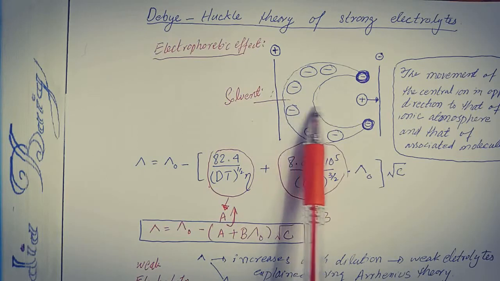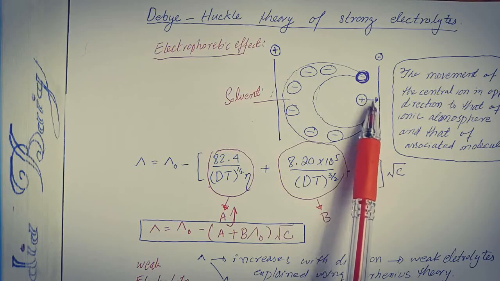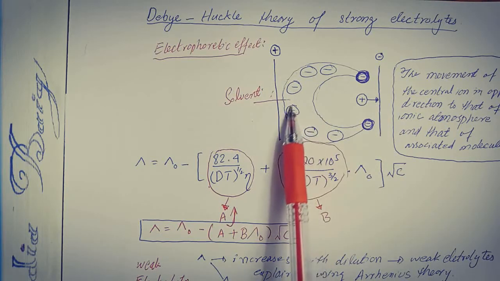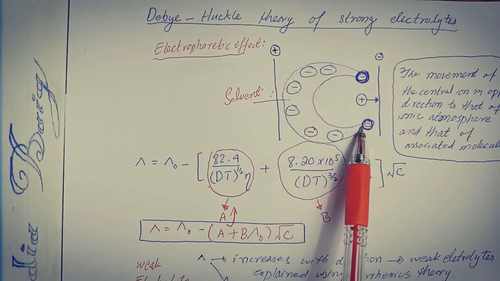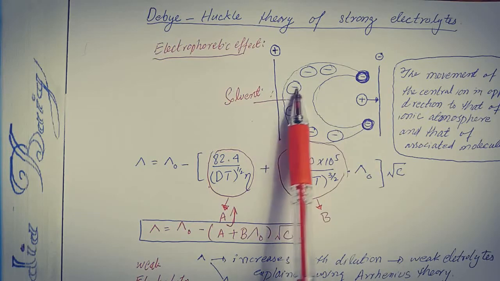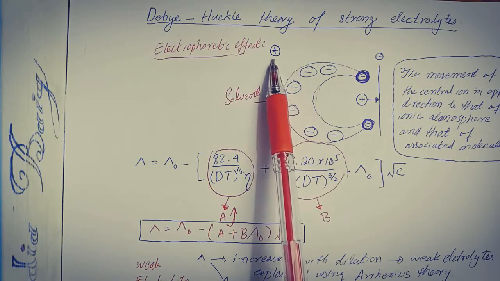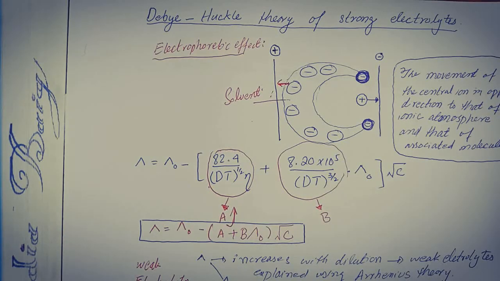For example, in this figure, positive ions are moving towards the negative electrode, and these negative charges that make the asymmetric ionic pair around this positively charged ion are moving towards the positively charged electrode in the opposite direction. Solvent molecules are also there in the ionic atmosphere. It means that the central ion is moving against the stream.